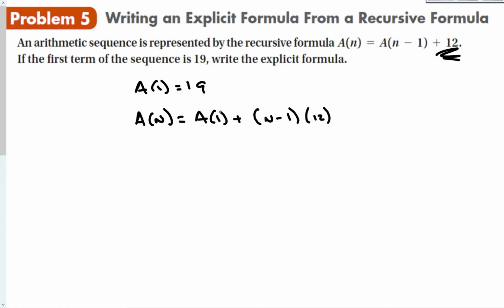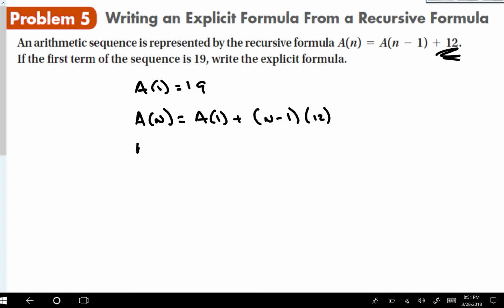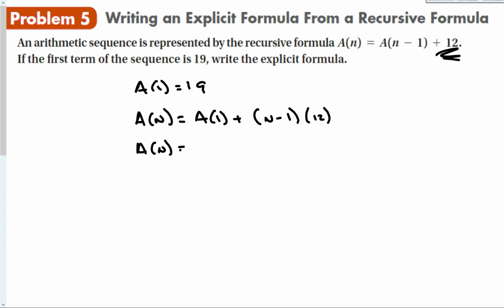And a of 1 would be 19. So we would have a of n is going to be equal to 19 plus n minus 1 times 12. Okay?